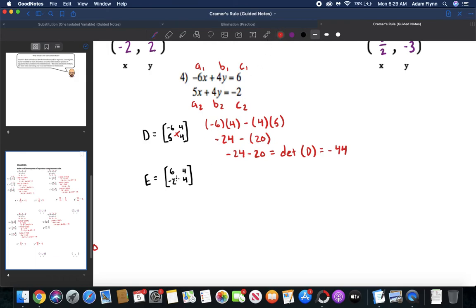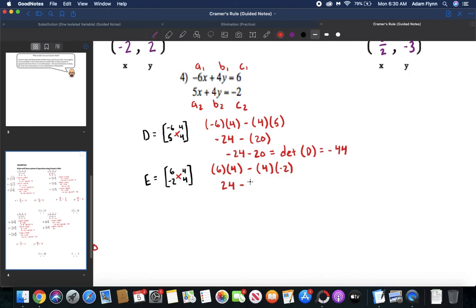I will find the determinant. So A times D is going to be 6 times 4 minus 4 times -2. 6 times 4 is going to be 24.